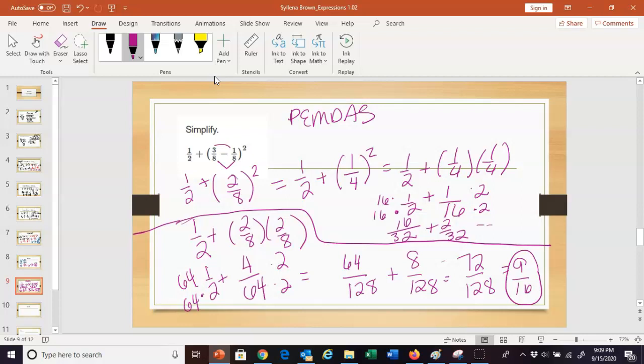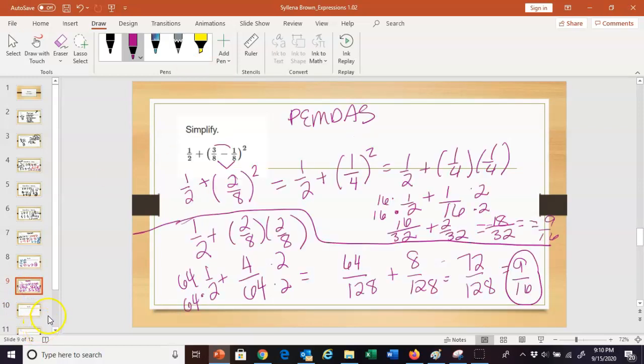Okay, now we're going to add our numerators, 18 over 32. Now these numbers are much smaller, right, than that 72 and 128. So it might let you more easily see how we can reduce the fraction. And this one also reduces to 9 over 16, because both of them are divisible by 2. 2 goes into 18 9 times, and 2 goes into 32 16 times.